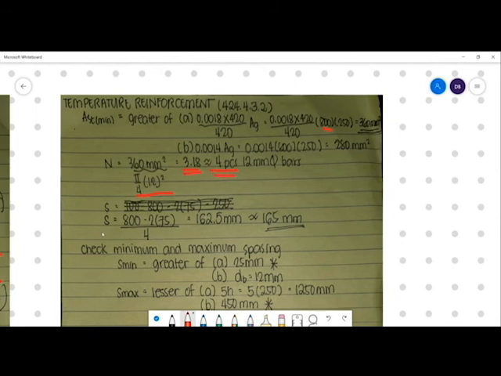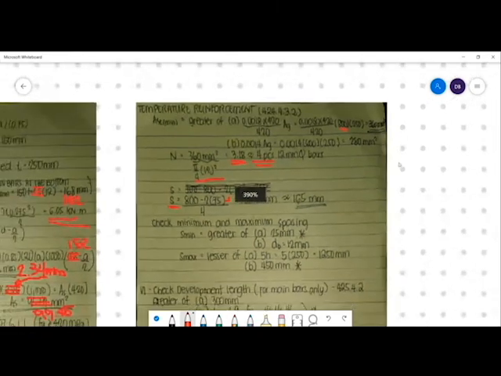We compute the required spacing: 800 minus 2 times 75, which is the concrete cover, over 4 is equal to 162.5. We round it to the nearest 5 millimeter, equal to 165 mm.